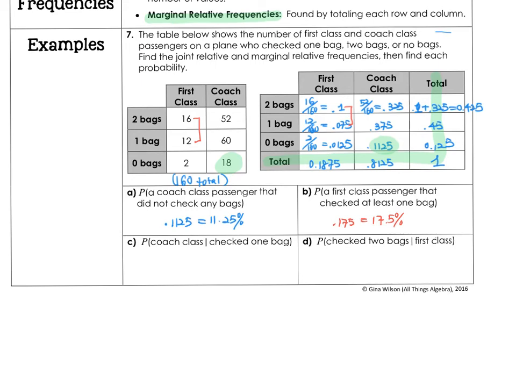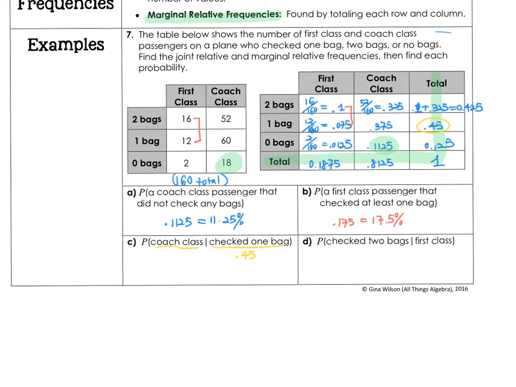Now, probability of somebody in coach class, given that we already know that he checked one bag. So we need to find out what is the probability of those who checked one bag. And that probability in total is 0.45. And then what's the probability of those in coach classes?